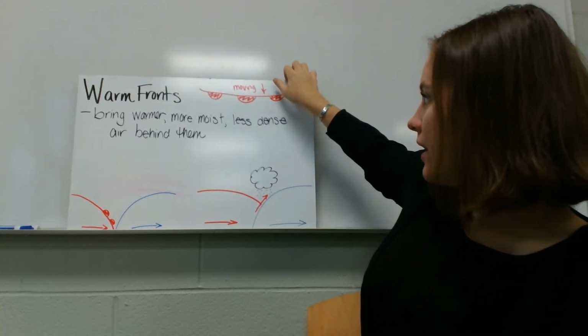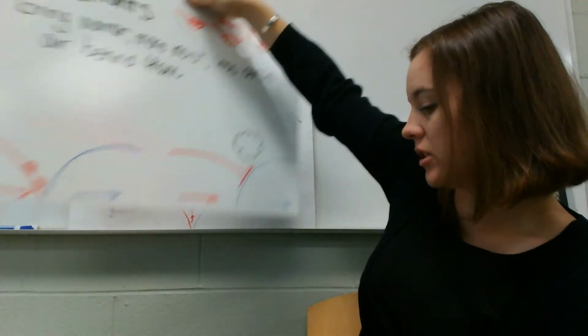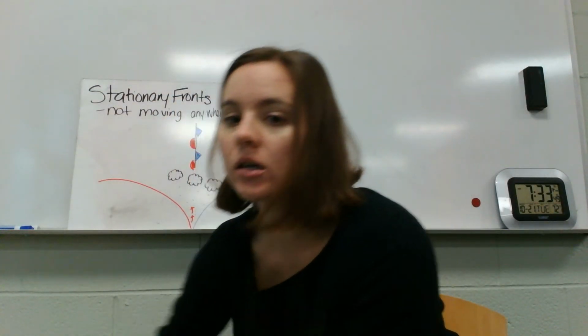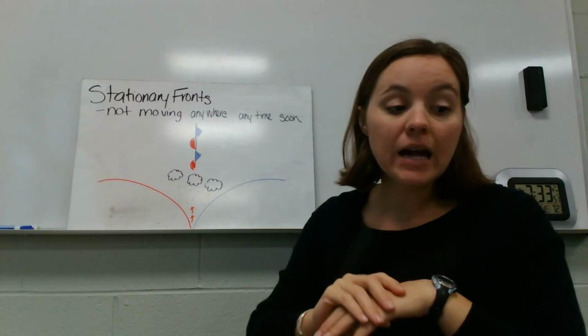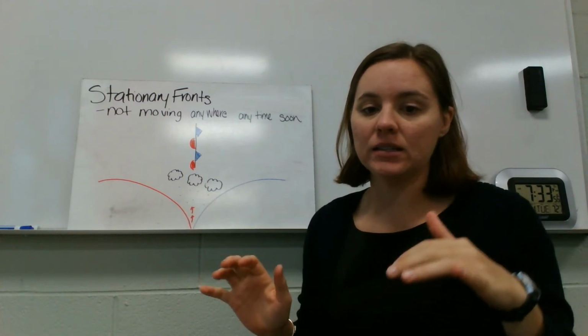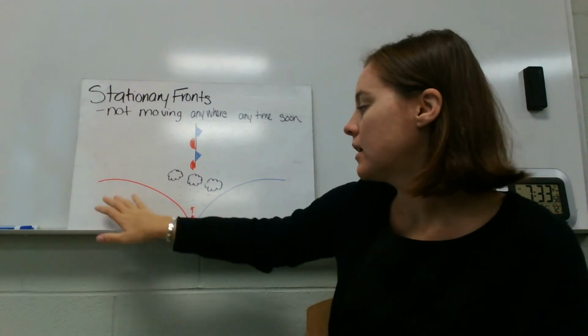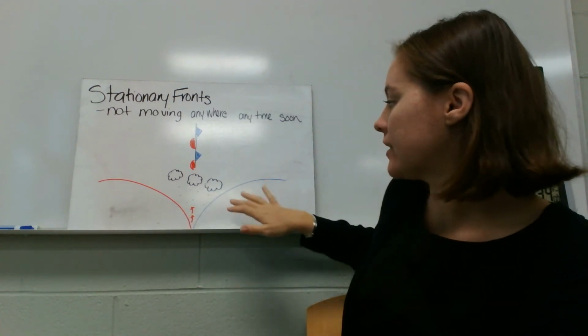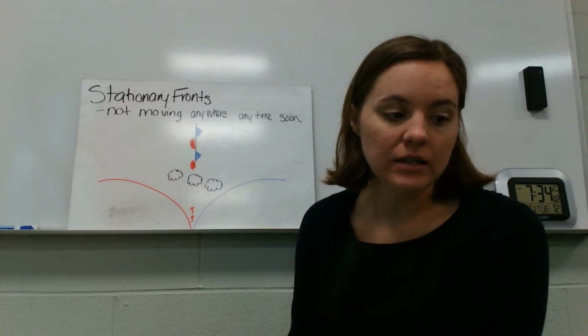And then we have our friend, the stationary front. So the stationary front is not moving anywhere anytime fast. So we have our warm, moist air and our cold, drier air, and they're kind of at a standstill.